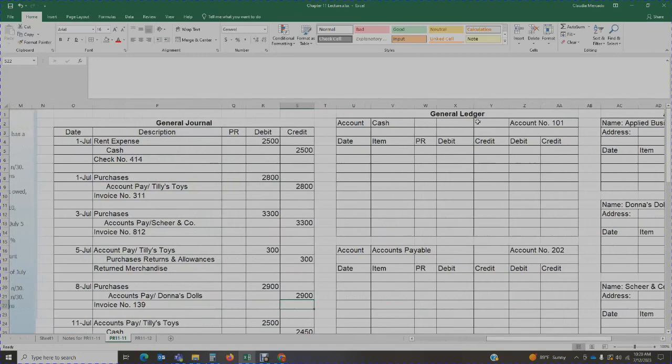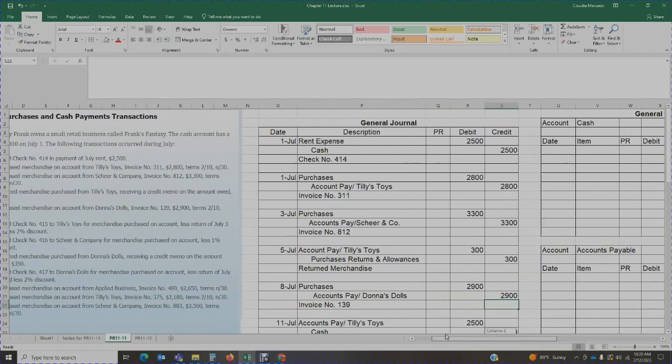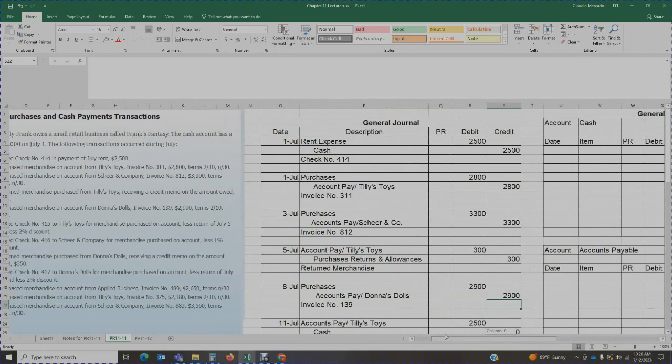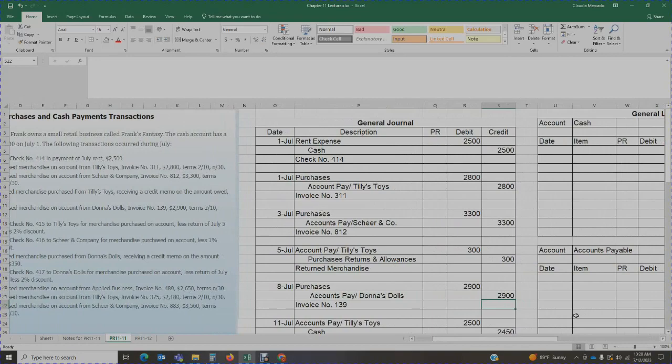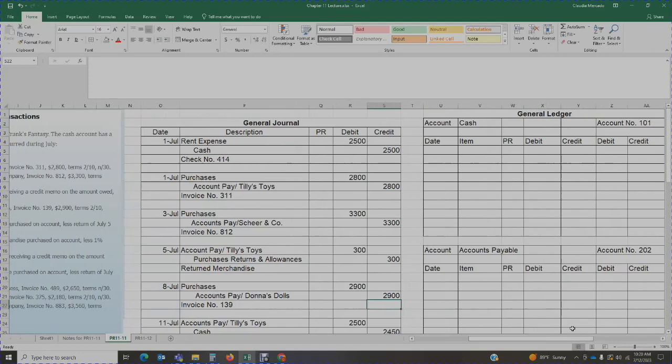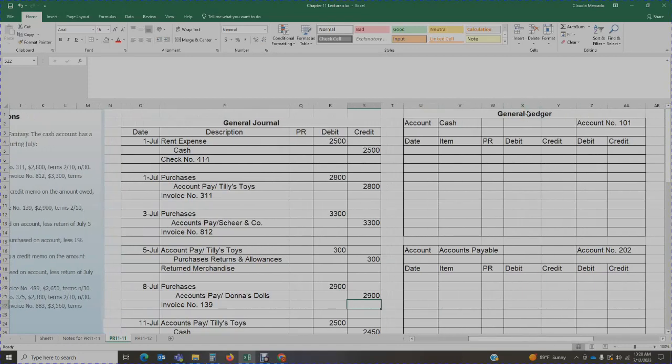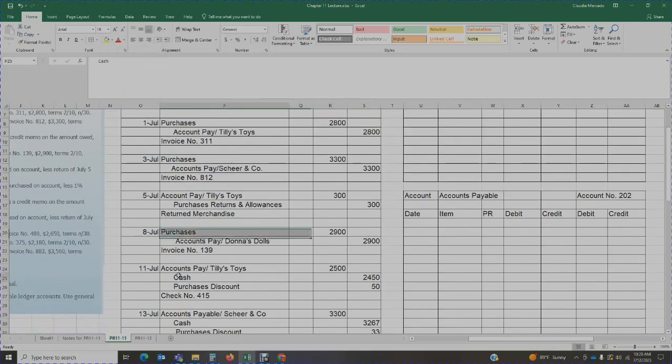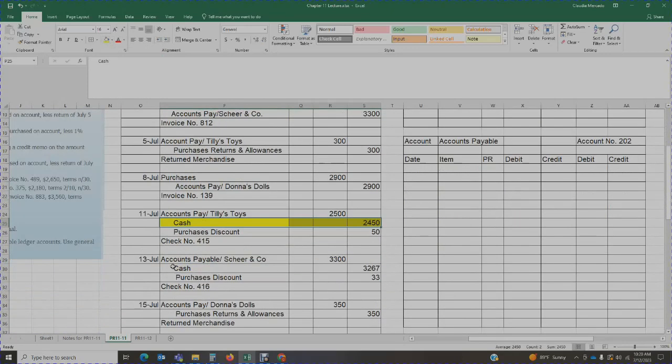So on my general ledgers, we're going to transfer all of the accounts that affect those accounts. So let's start off with cash. That is our first general ledger. In our general ledgers, we have the name of the account and the account number. So I'm going to locate, and I like to highlight, that way I can quickly identify all of the transactions that are the same account.